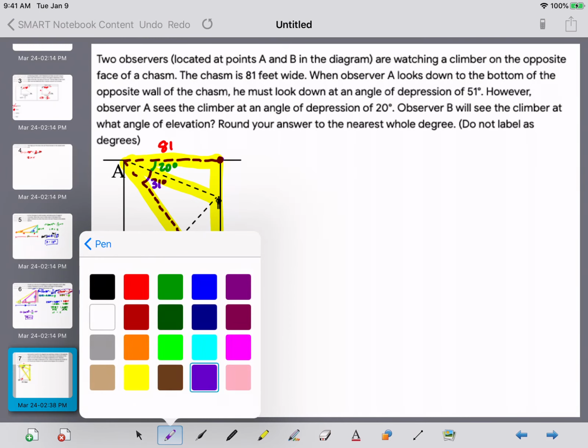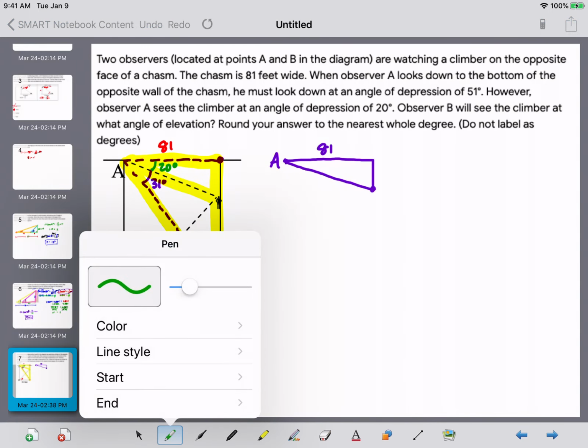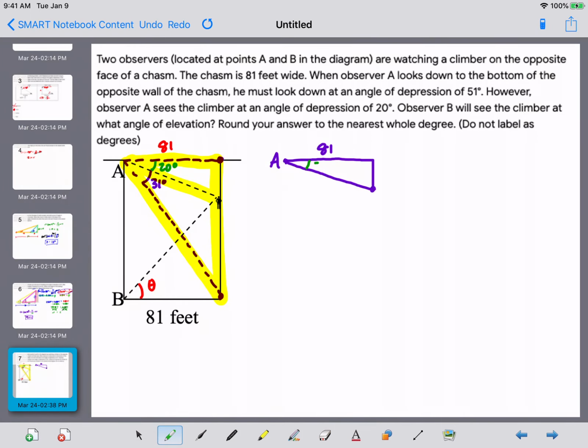Here's what I'm going to start with. I've got point A here, and then the horizontal of 81 feet, and then we've got this little hiker dude here, and this right triangle, and this was the 20 degree angle. All right, we can find this. I'm going to call this right here X. Because this is a right triangle, we have an angle, an opposite side, and an adjacent side.